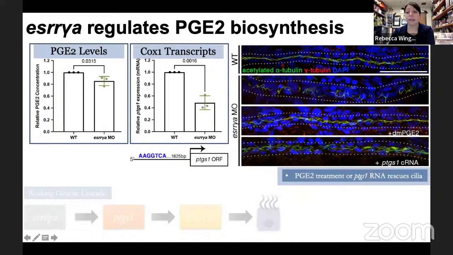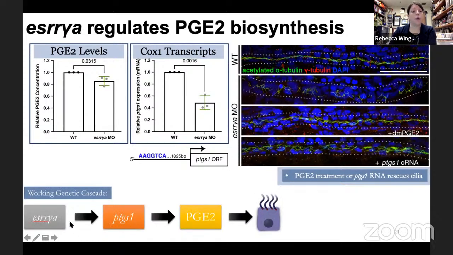And similarly, the provision of RNA that encoded PTGS1 was also sufficient to rescue her phenotypes in her animals. This has led us to the following working model, where we hypothesize that estrogen-related receptor gamma A is responsible for signaling in such a way that it controls the level of expression of this prostanoid biosynthesis enzyme, PTGS1, or COX, known as COX-2 in mammals, which is responsible for the first step in prostanoid synthesis and in the production of PGE2.